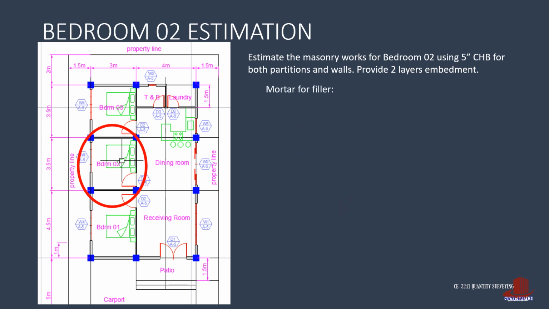To solve for the mortar of the wall, separate the computations for filler and block laying. Starting with mortar filler, it is easier to use volume method as the number of CHB has already been determined.